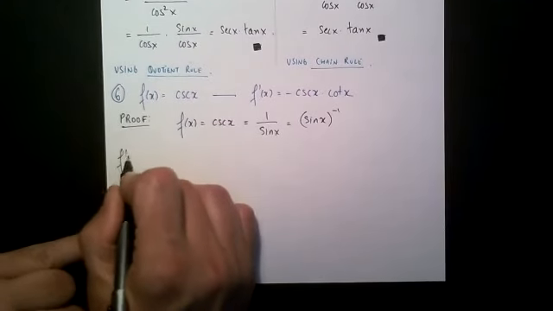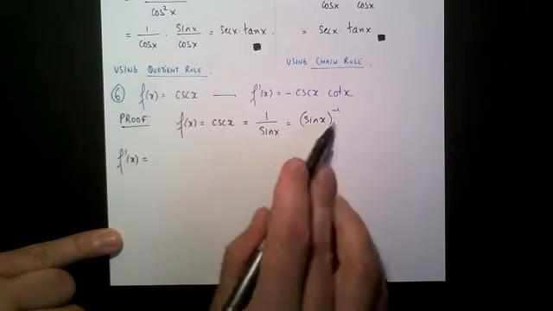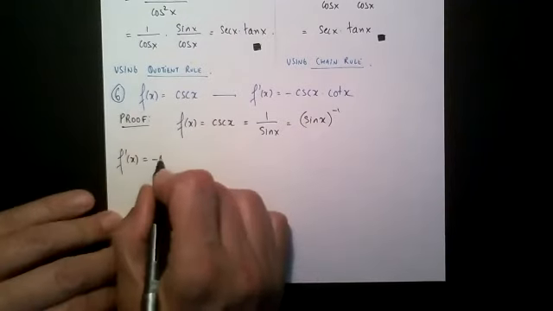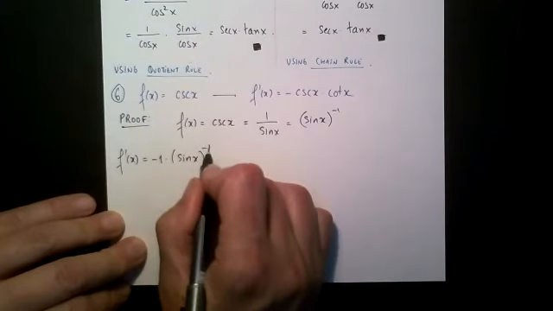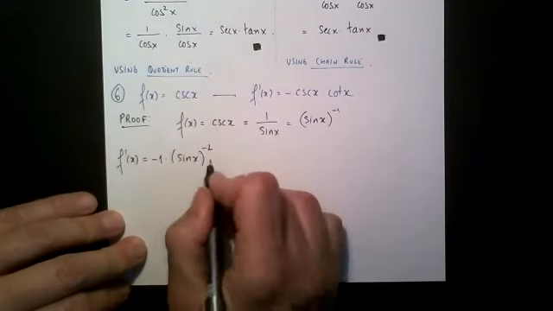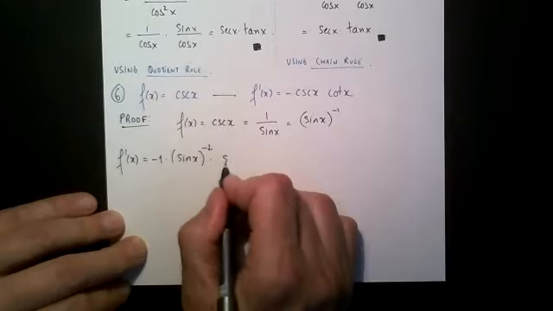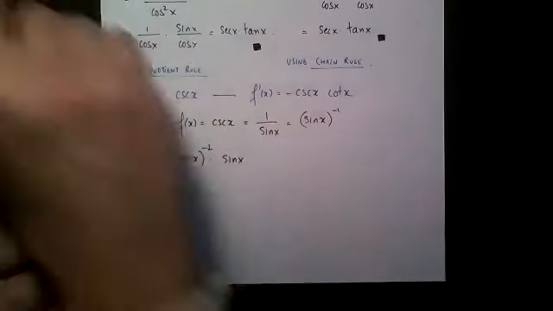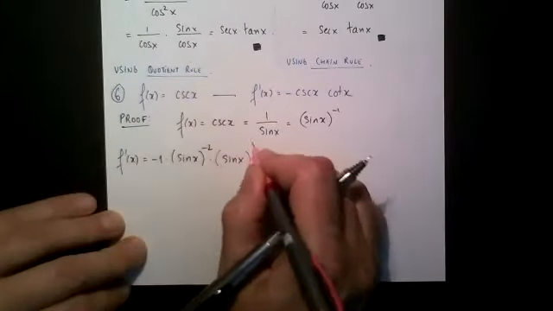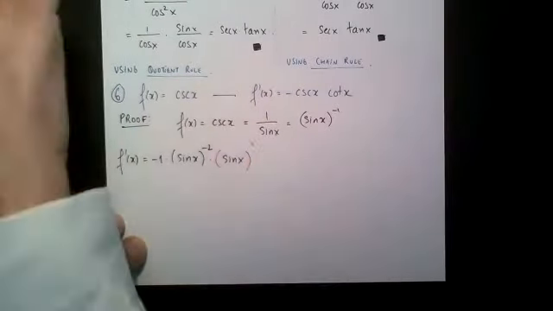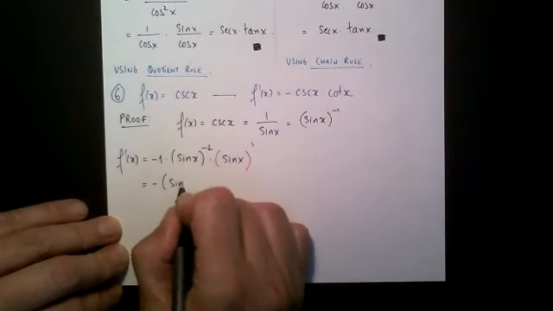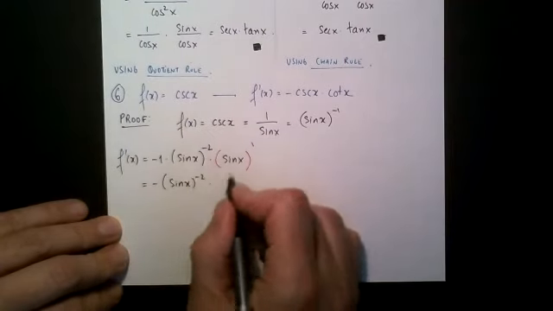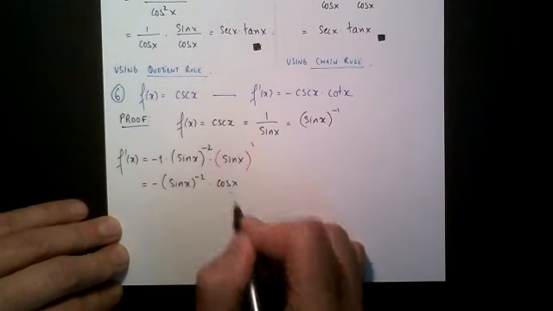Okay, so f prime of x will be, so the derivative of this is minus 1 times sine x to the minus 2 times the derivative of the inside. Okay, and that is negative sine x to the minus 2 times, this is cos x.